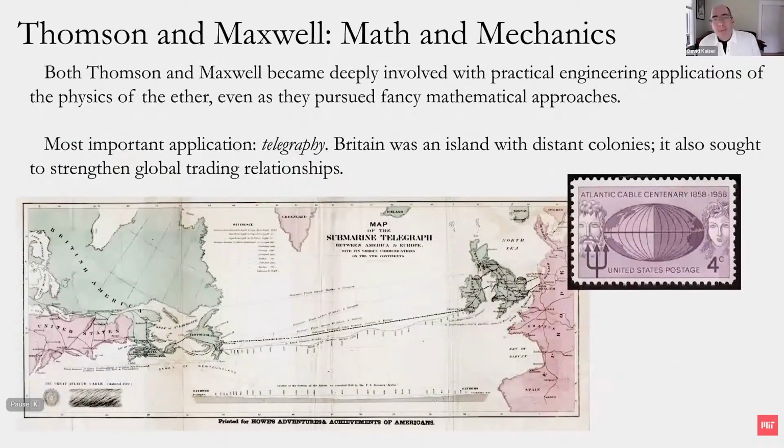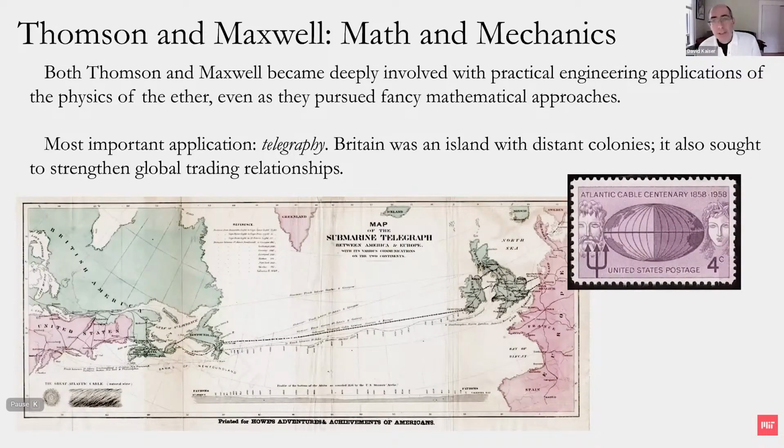So both Thomson and Maxwell became deeply involved, coming to exactly the question that was raised just in that last question period, with what we might call engineering aspects or applications of natural philosophy, all around the physics of the ether. They both had very long, illustrious careers, not only when they were university students.